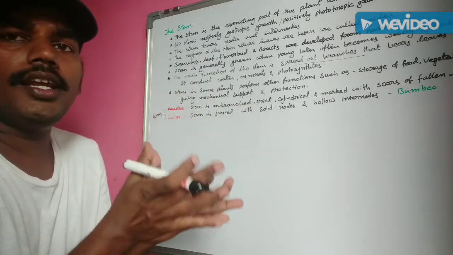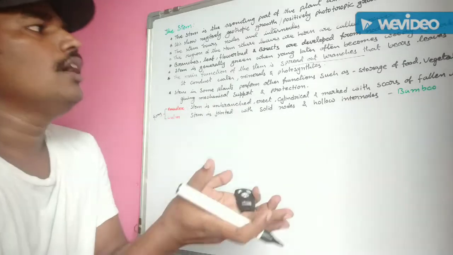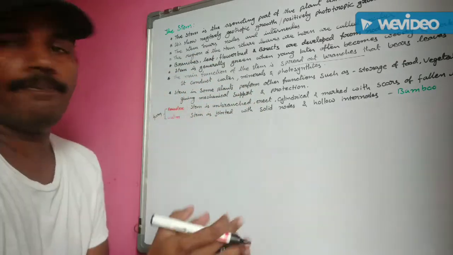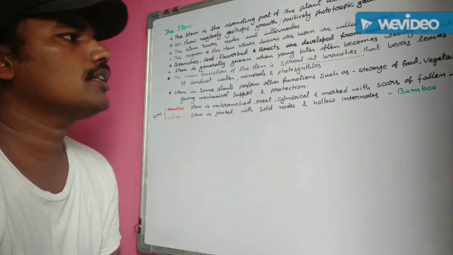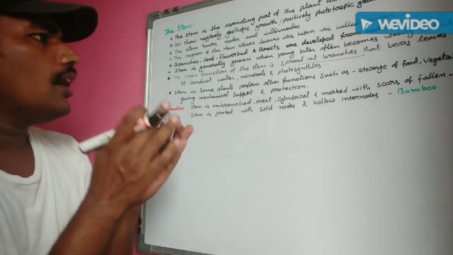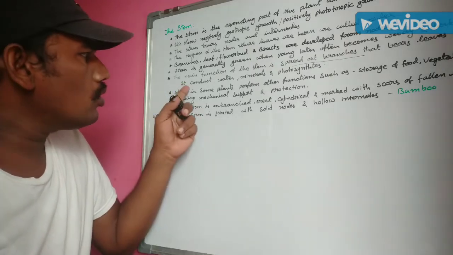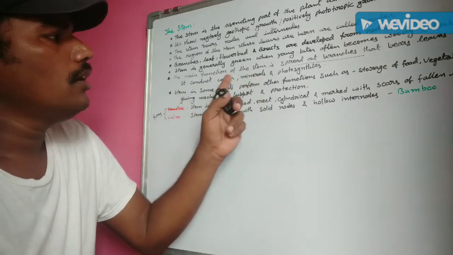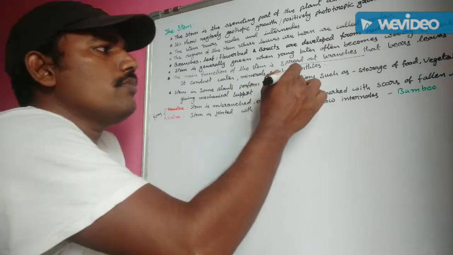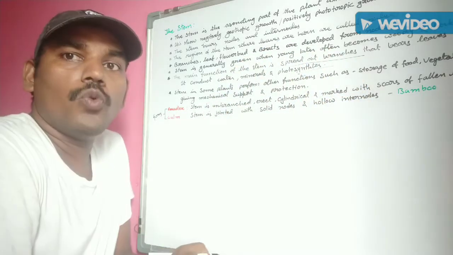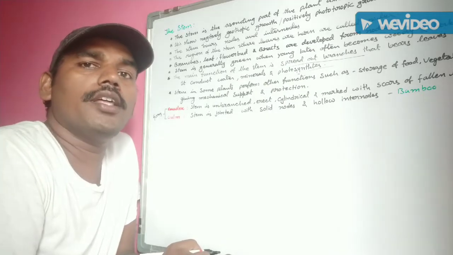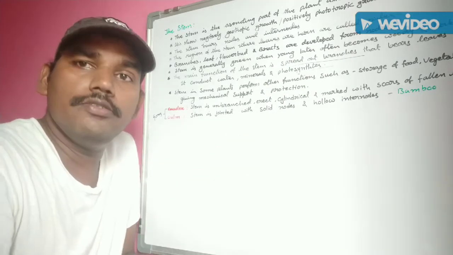The leaves are mainly exposed to sunlight because of the spreading out of branches by the stem. The stem also conducts water and minerals, and it also carries out the assimilatory process, that is photosynthesis, by the presence of chlorophyll in the younger stem and also the leaves.